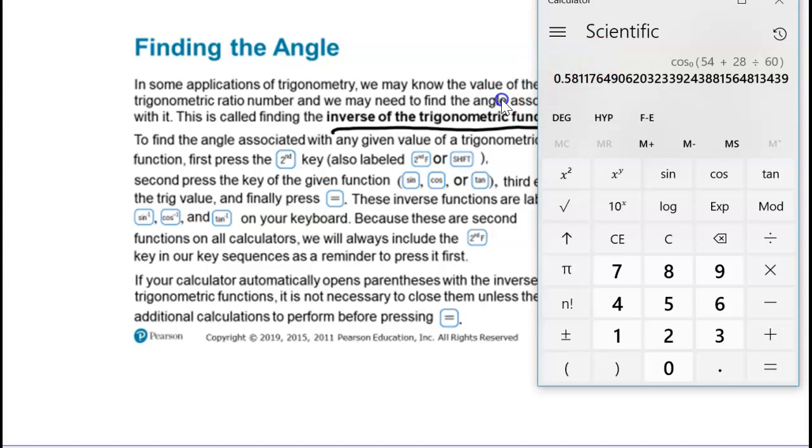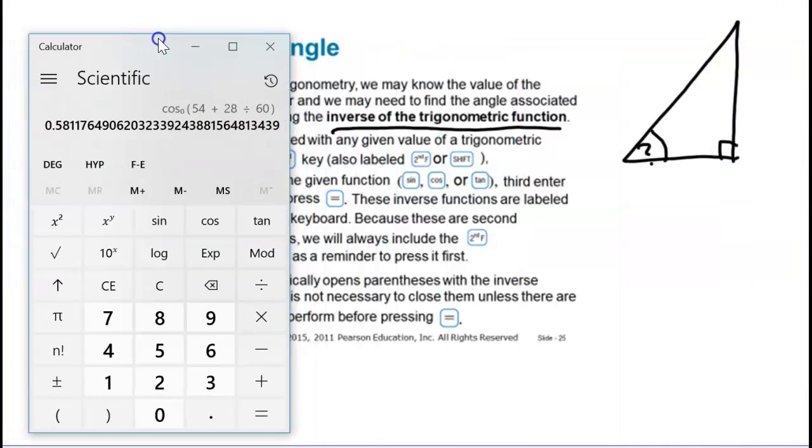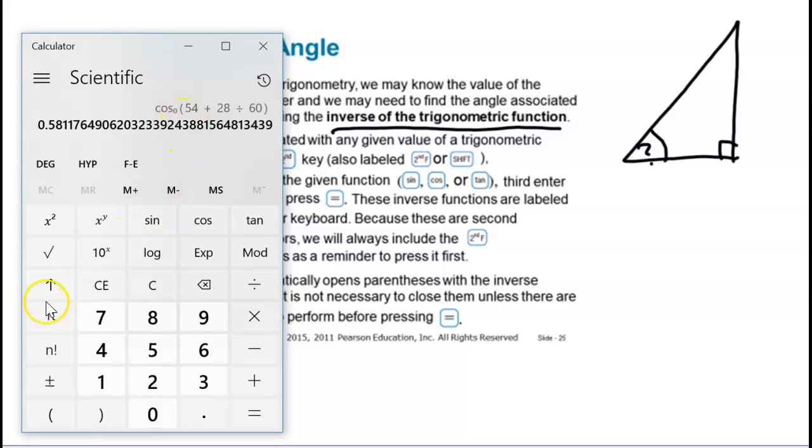Let me see if I can get mine to move over here. For mine, it looks like the shift key. And you see how it changes these keys to be inverse sine, cosine, and tangent. And remember from using fractions, that is why there is a -1 as our exponent there.